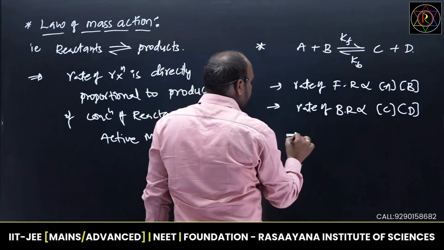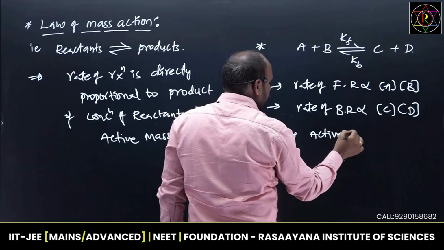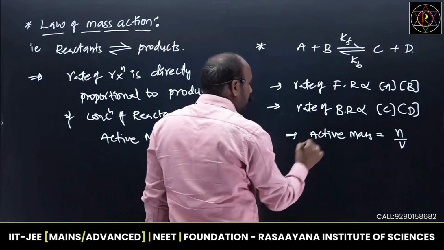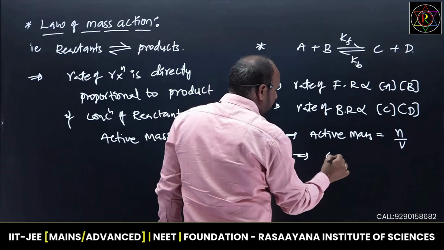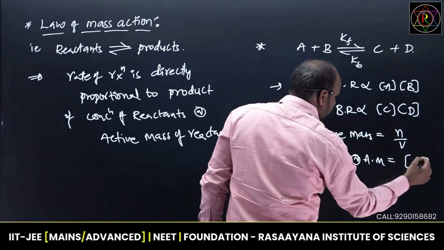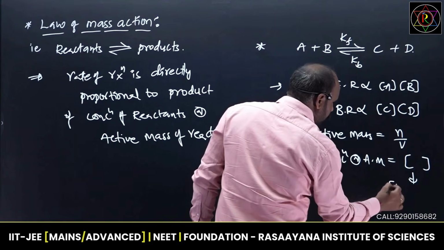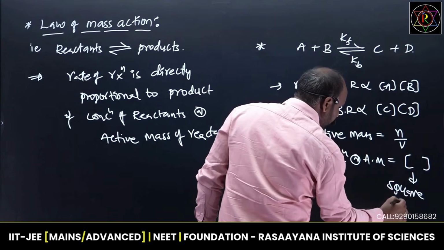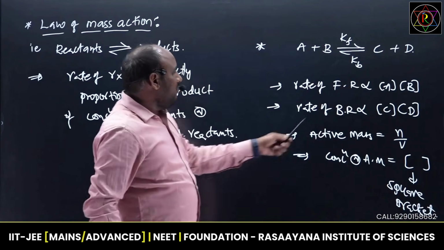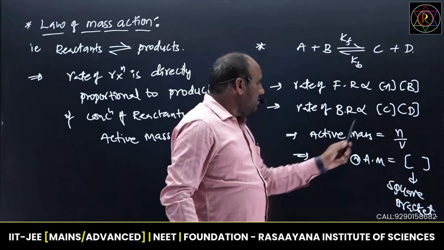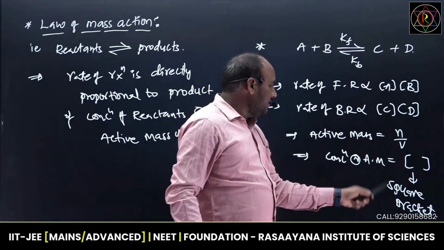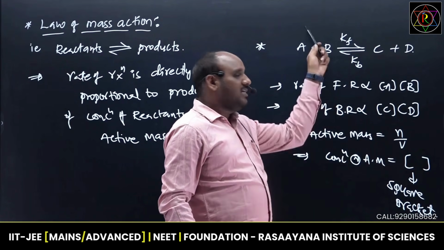Here the active mass will be denoted with n by V, and the concentration or active mass will be represented with a square bracket, right? The square bracket indicates the concentration or active mass of the reactants.